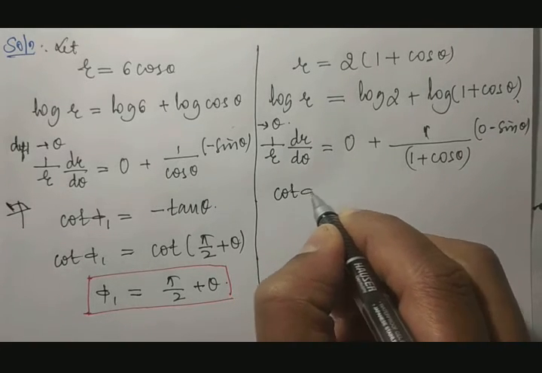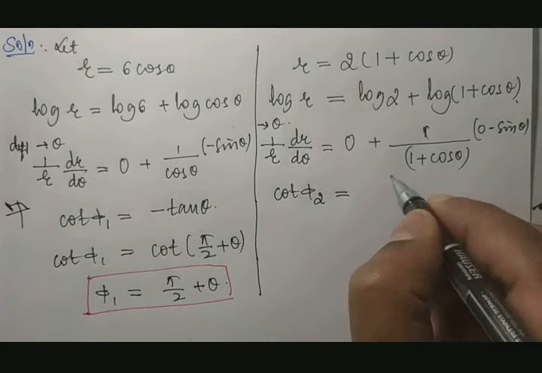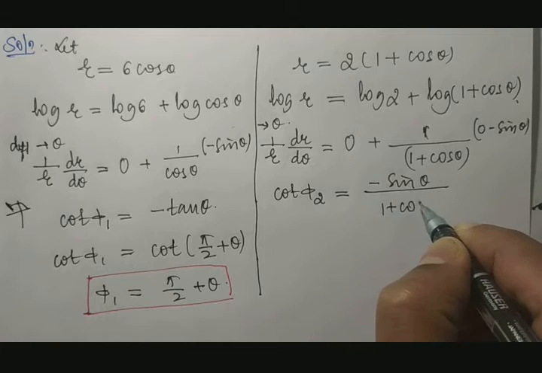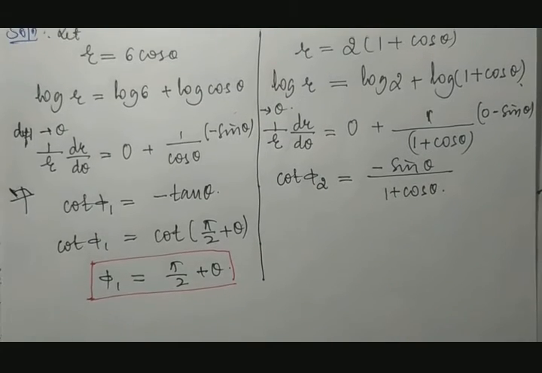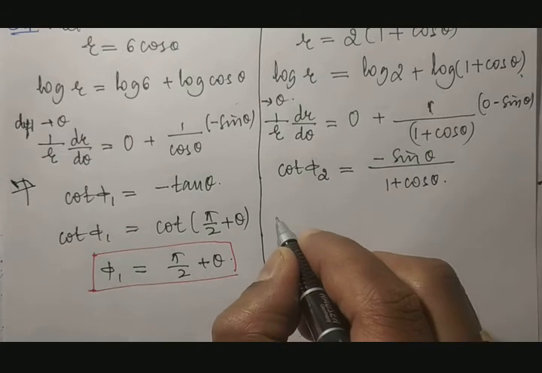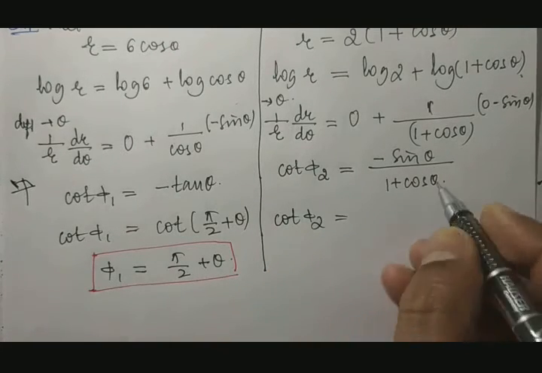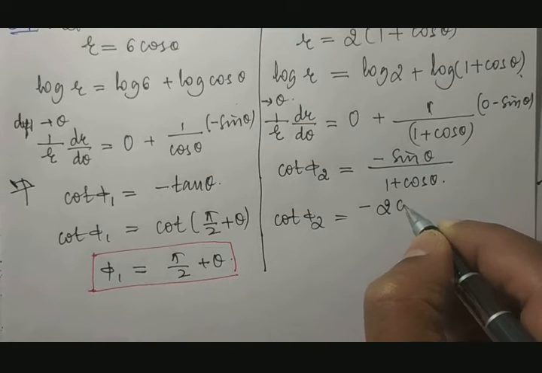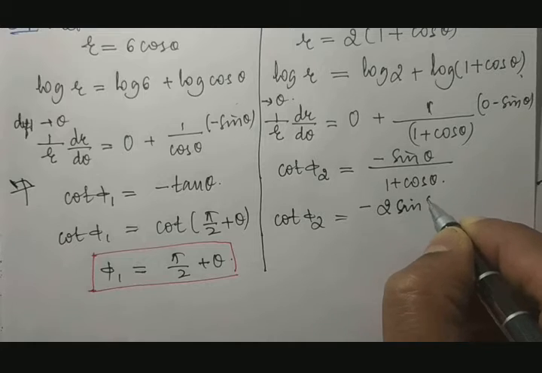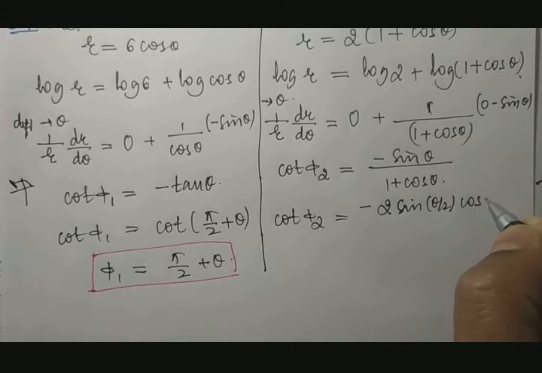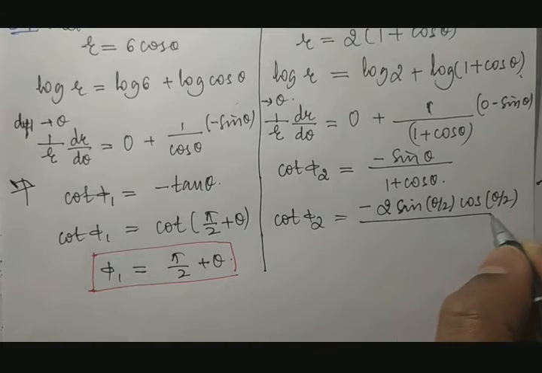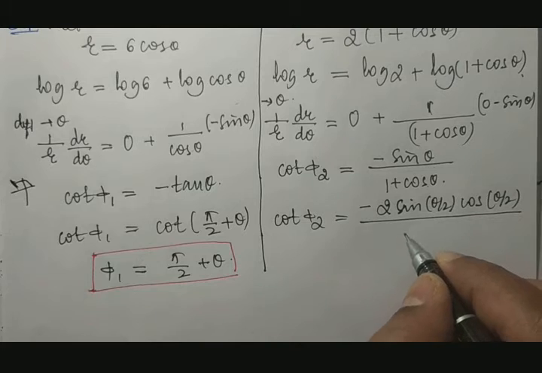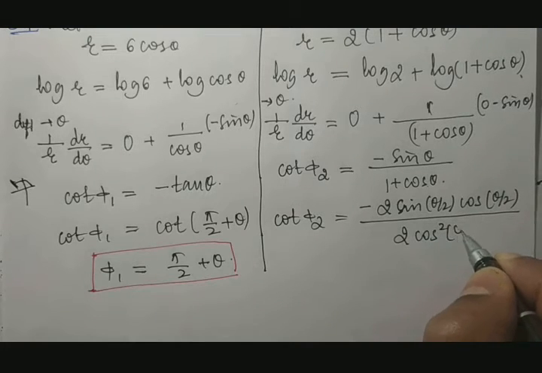Therefore, this can be considered as cot phi 2, and this is minus sin theta divided by 1 plus cos theta. Then cot phi 2 is equal to, how do you write sin theta? That is 2 times sin theta by 2 into cos theta by 2, with the minus sign, divided by 1 plus cos theta, which is 2 times cos square theta by 2.